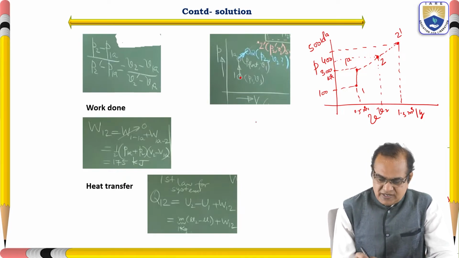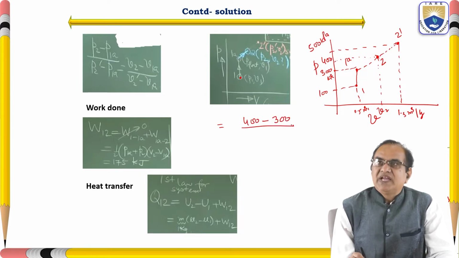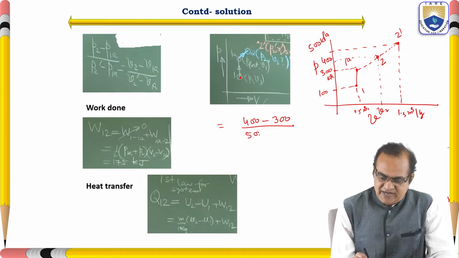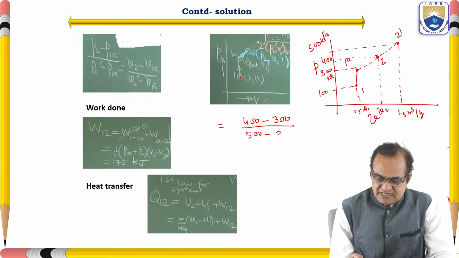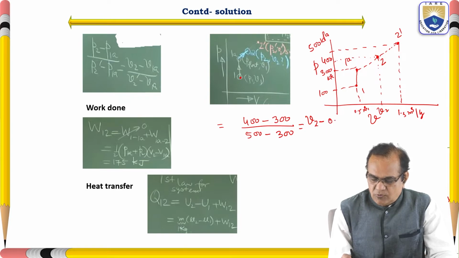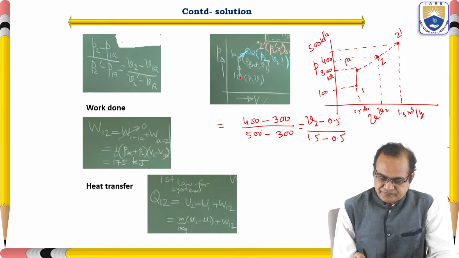So here, this you can see that (400 minus 300) divided by (500 minus 300) is equal to (V2 minus V1A) divided by (1.5 minus 0.5).